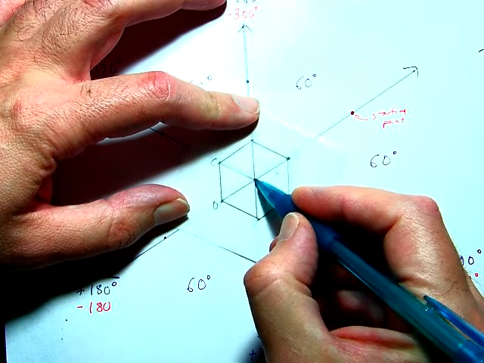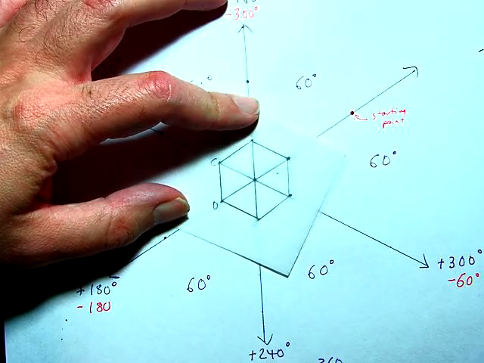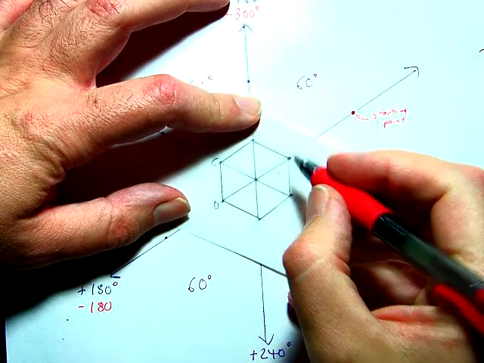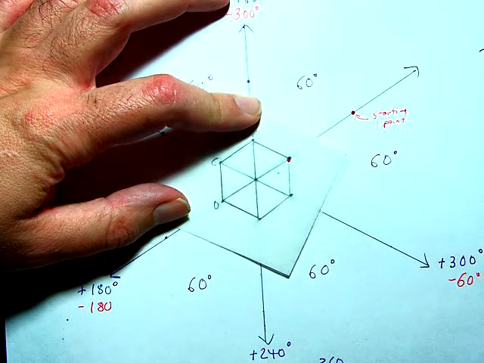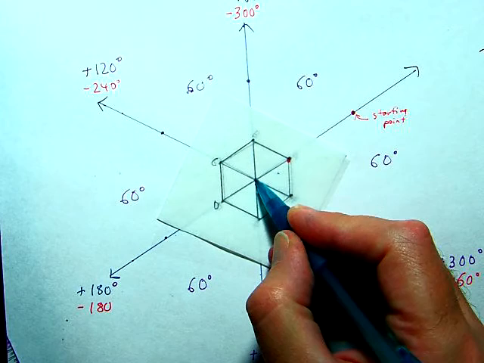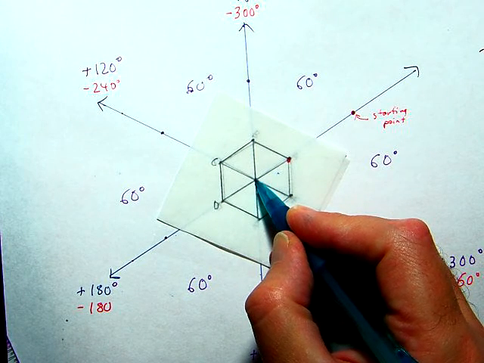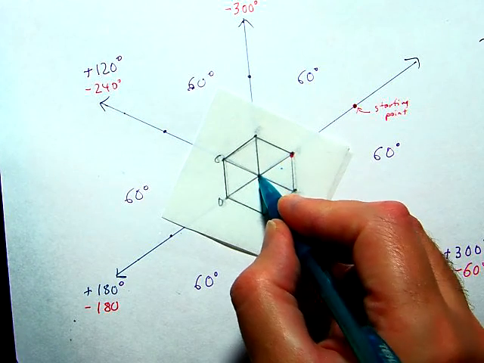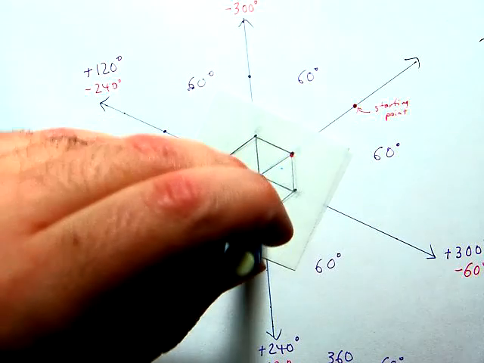Okay, and we are going to rotate this, and let me also put the starting point, so we have a reference here. So the starting point is going to be in that point, and we are supposed to rotate 300 degrees about O. So where should we end up with the red dot? Where is 300 degrees? Right there.